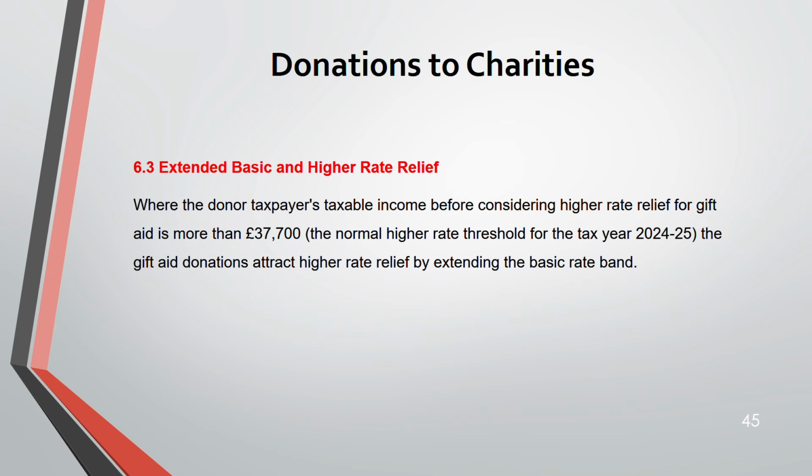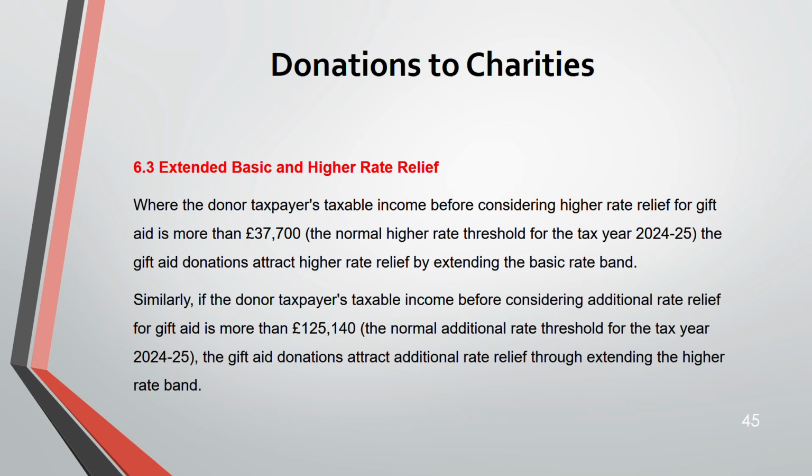But because now you have made some gift aid donation, more of your income could be taxed at the basic rate, not just 37,700. So now your basic rate band will not be 37,700, it will be more. Same for the higher rate. If you are falling in the additional rate, more of your income would now be taxed at higher rate rather than additional.